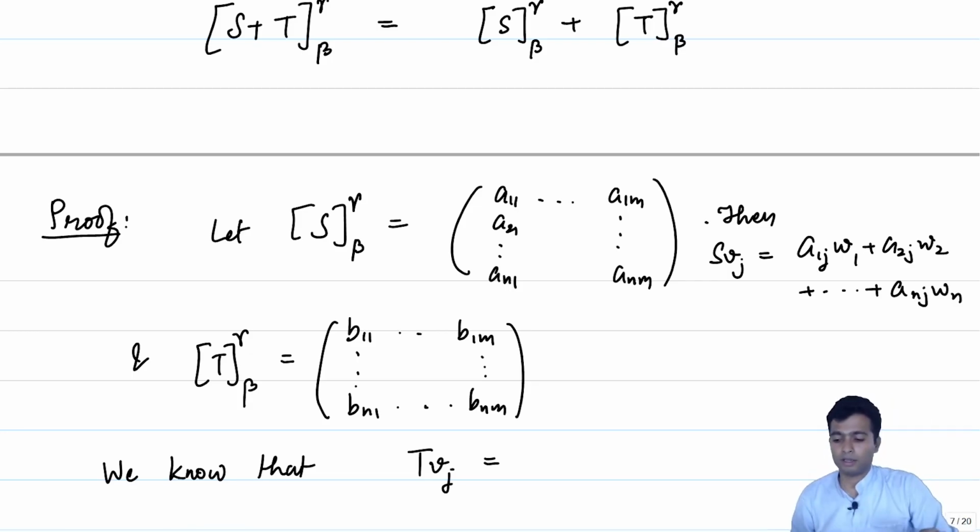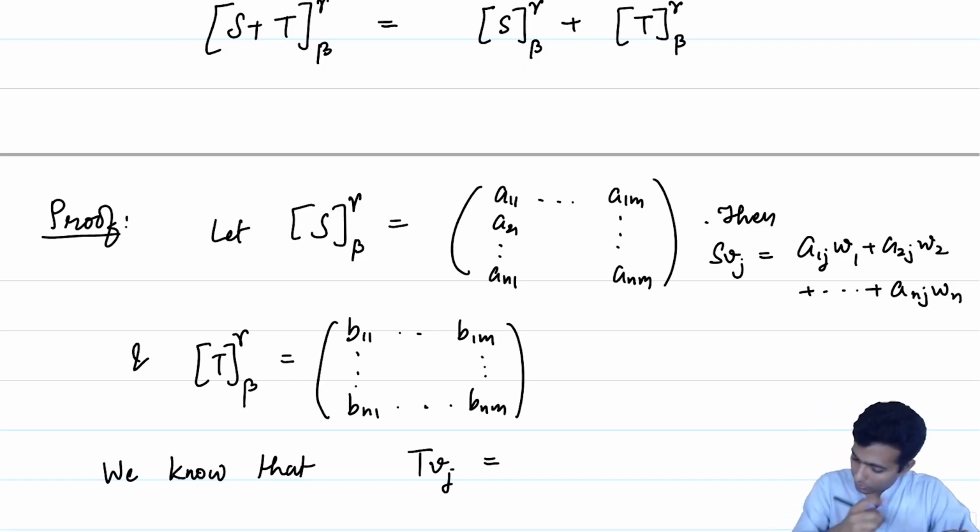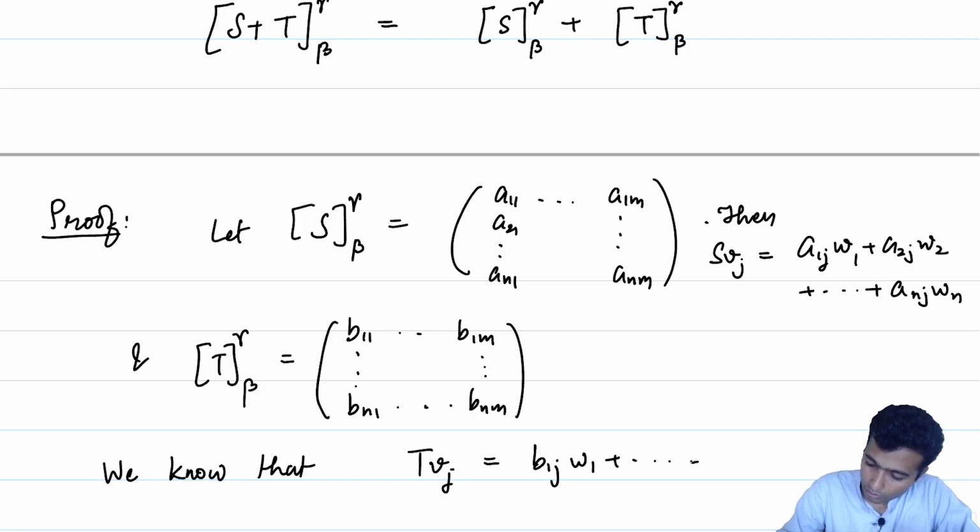There are n basis vectors of W, it's an n dimensional vector space. Similarly, we get T(Vj) will be B1j W1 plus dot dot dot plus BNj Wn.